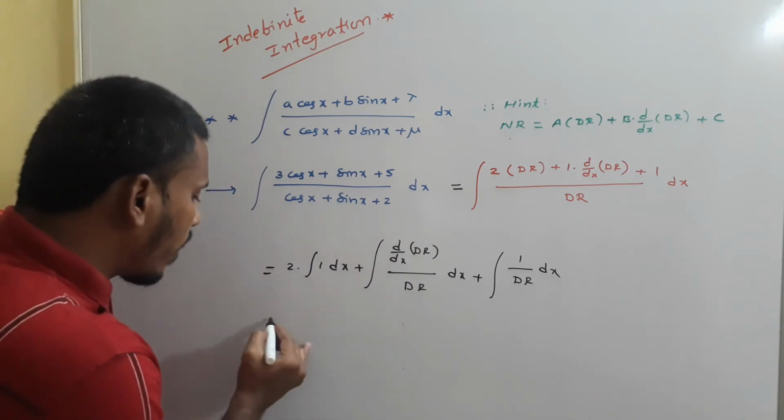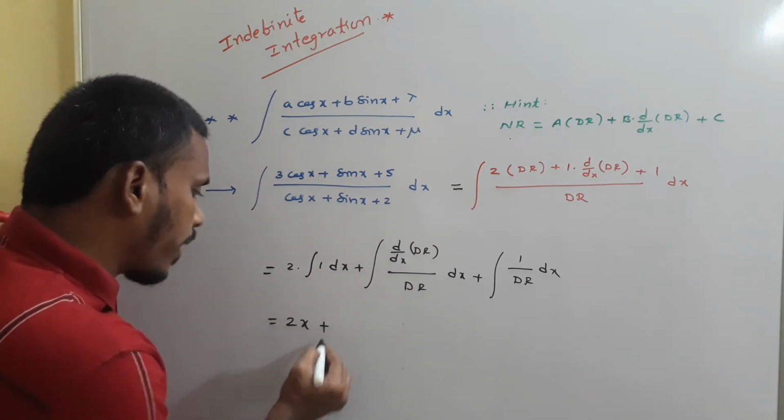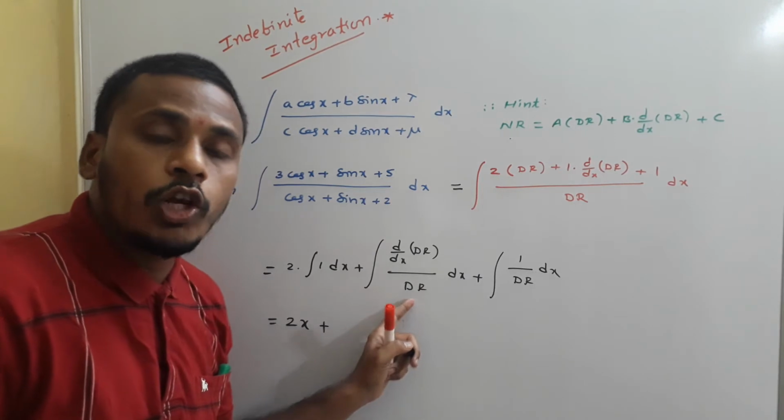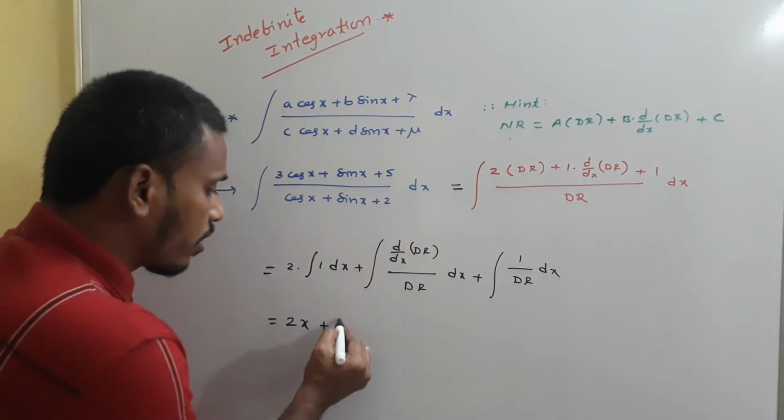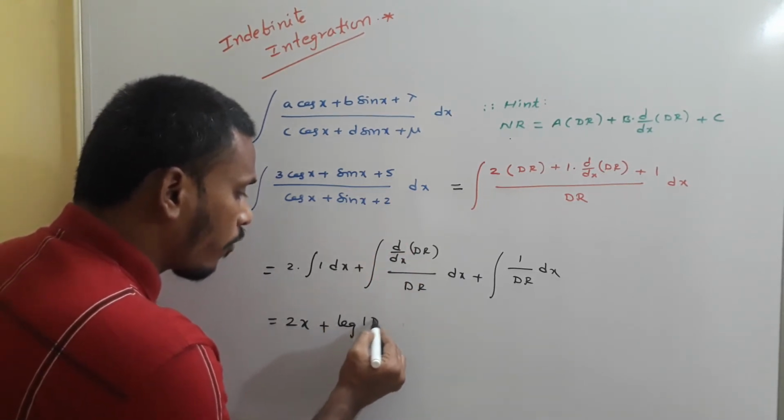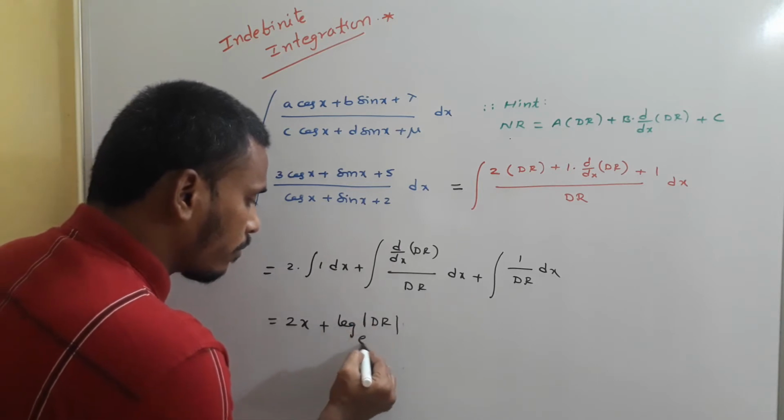The integral of 1 dx is simply x, so this is 2x. The derivative of the denominator is there in the numerator, so this is nothing but logarithm of denominator base e.